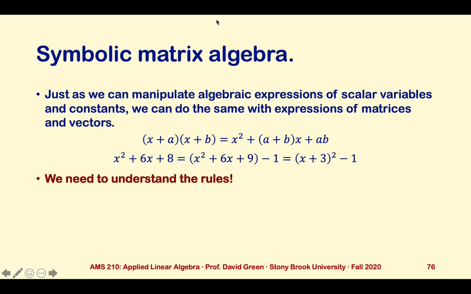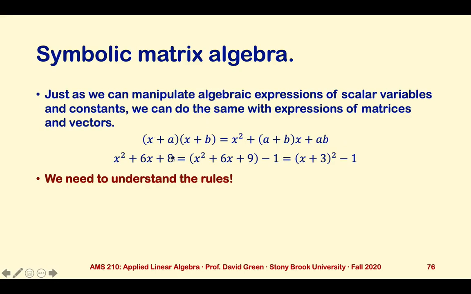With scalars, we can manipulate algebraic expressions to do lots of interesting things, right? So we can do things like apply the distributive principle to the product of two sums, x plus a times x plus b, and get x squared plus (a plus b)x plus ab.